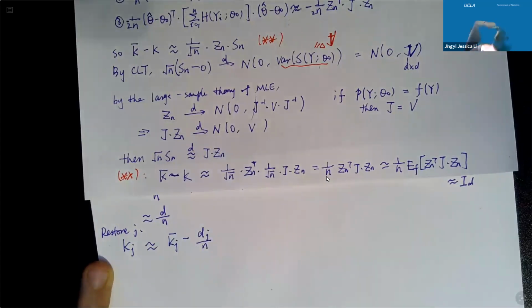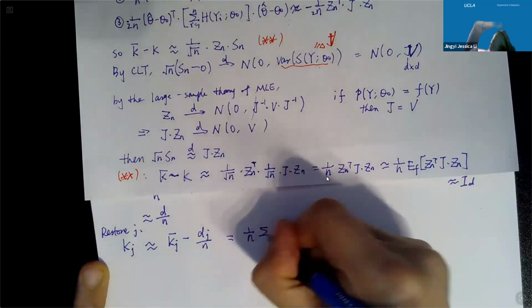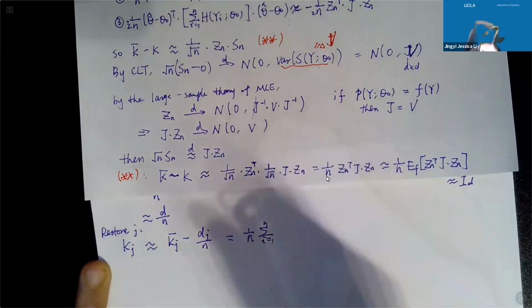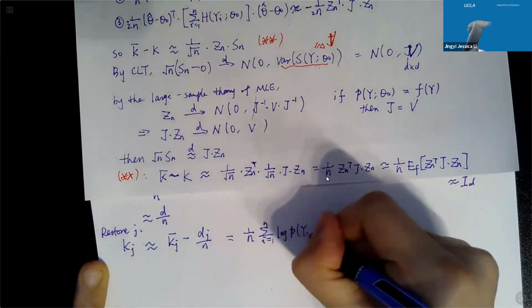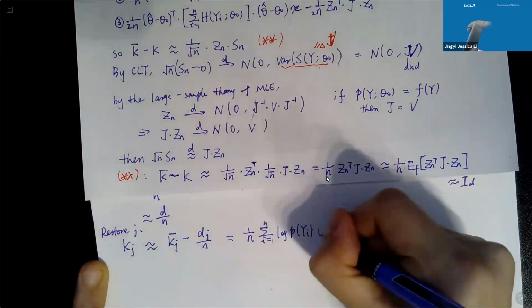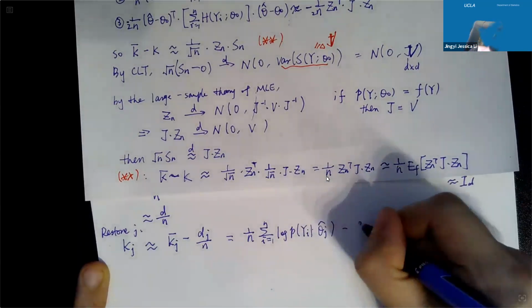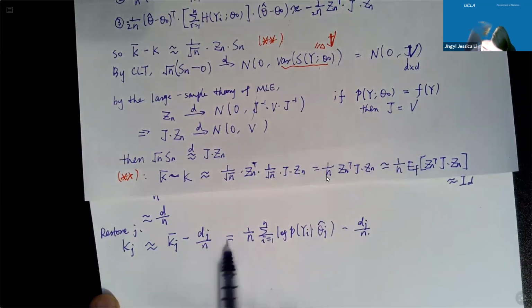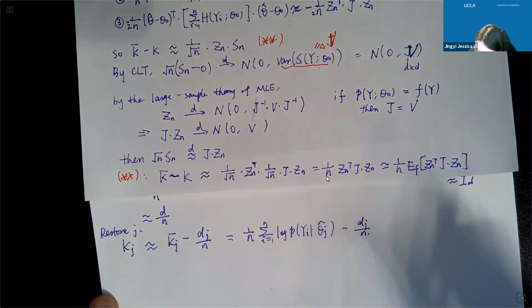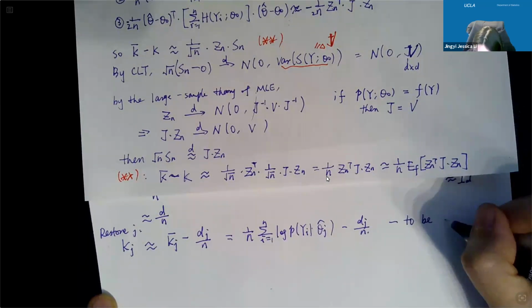And what is kj bar? By our definition, it is the average, 1 over n times the log likelihood evaluated at the MLE theta hat j. That's kj bar minus dj over n, and that's the thing we want to maximize.